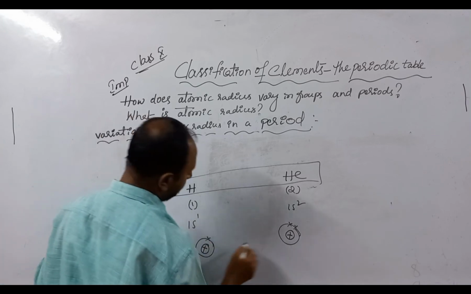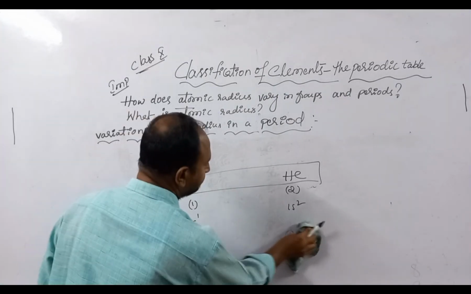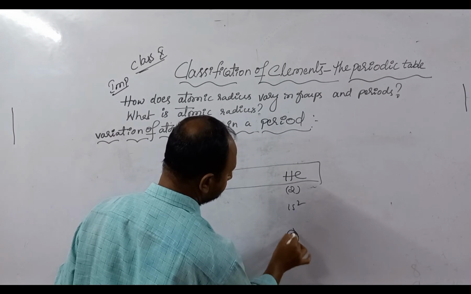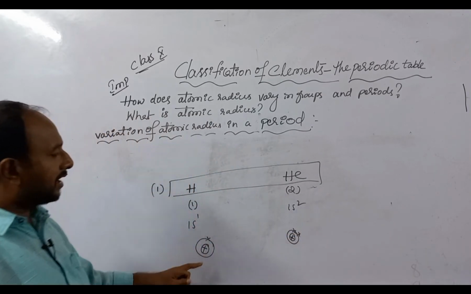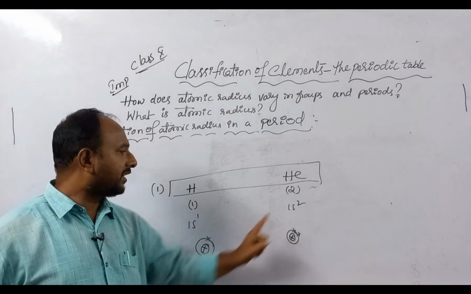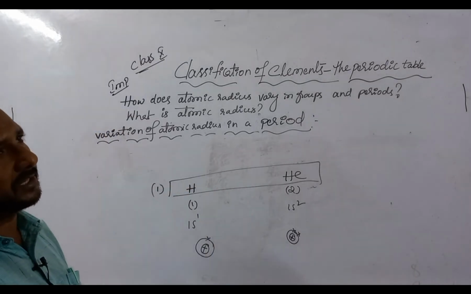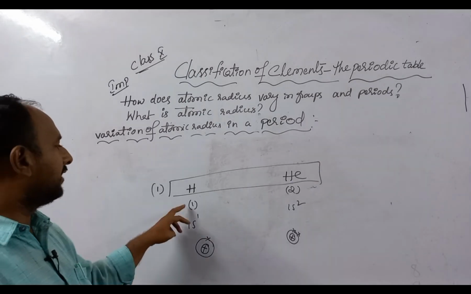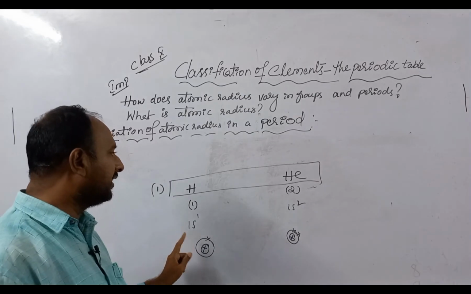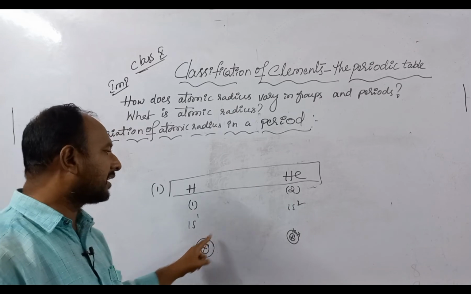So now here you can see that here it is drawn bigger and here it is drawn smaller. The reason for this is that there is no change in number of shells from one element to another element in a period from left to right. Hydrogen has atomic number 1, helium atomic number 2. Atomic number increases, but there is no increase of number of shells. One shell. But in the same shell, the number of electrons increases.